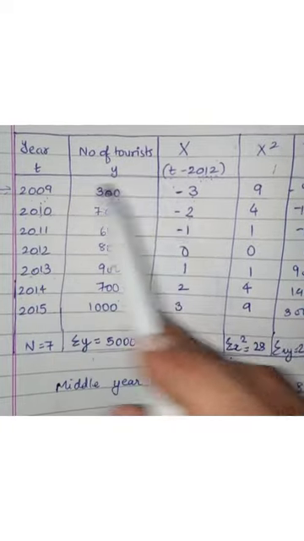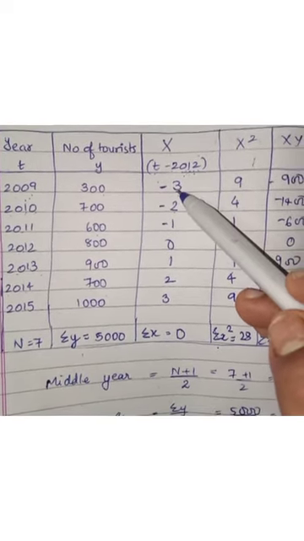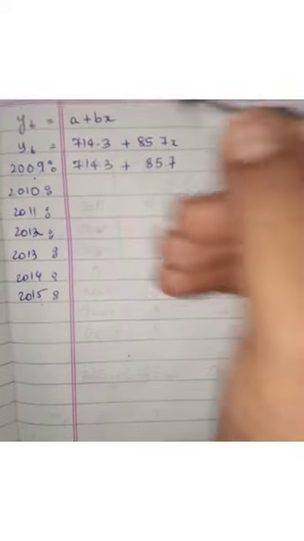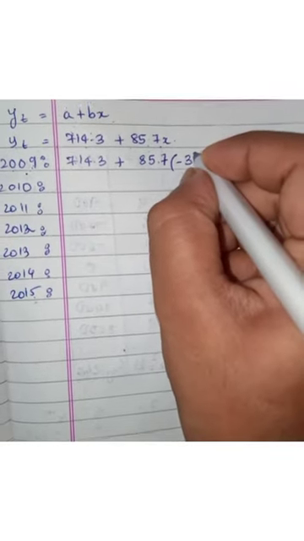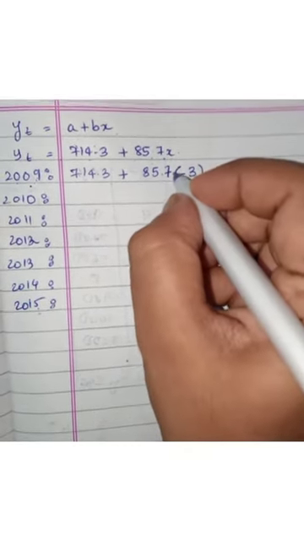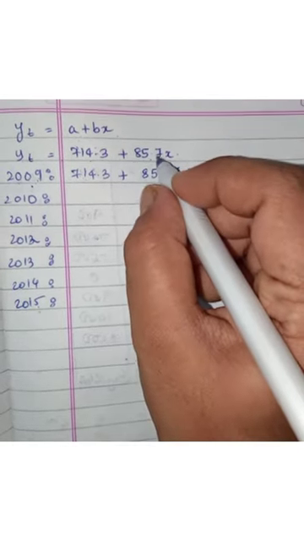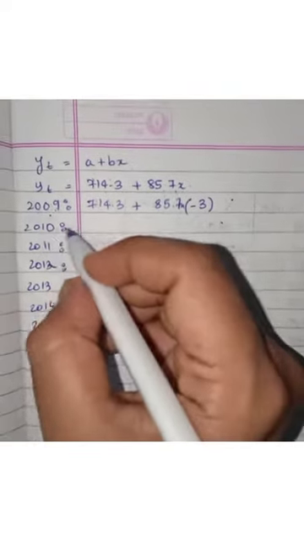In 2009 the x I got is -3. So this we substitute in our trend value equation: 85.7 into -3. This is multiplication, because 85.7x is the equation.